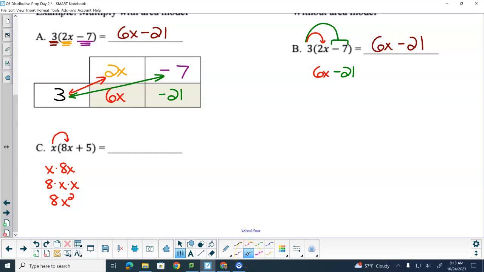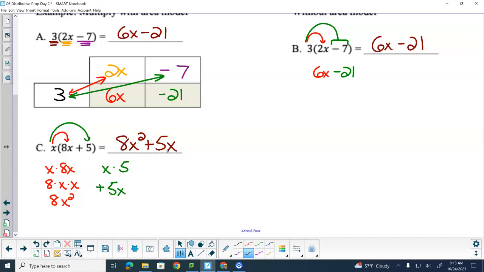Then what's this one going to be? What's x times 5? 5x. Okay, so our answer here, since this was plus, that's going to be a plus in there. So our answer would be 8x squared plus 5x. Thumbs on that one.